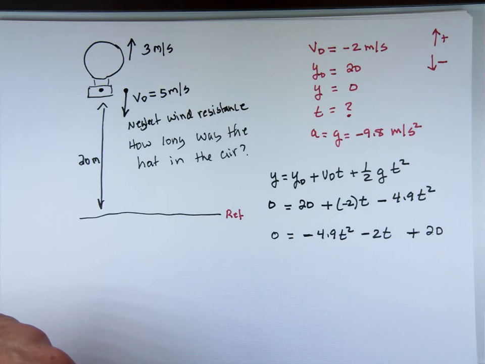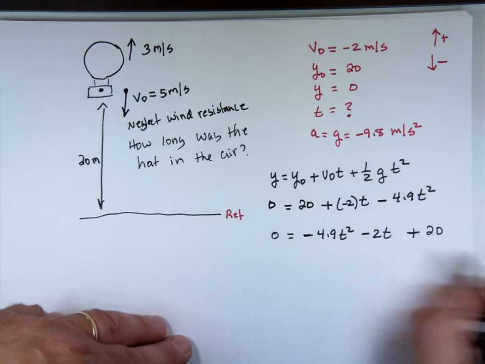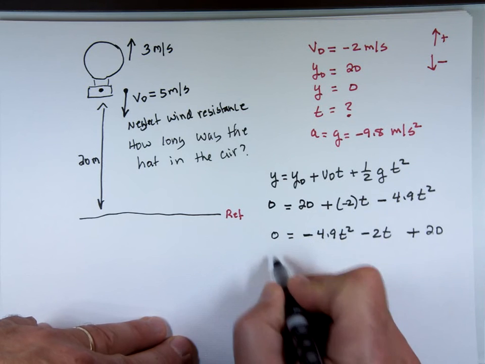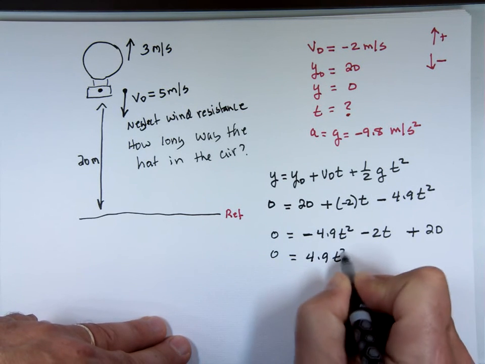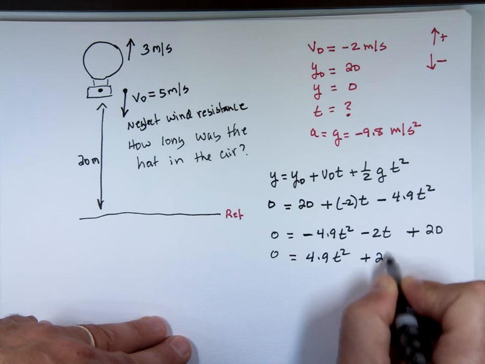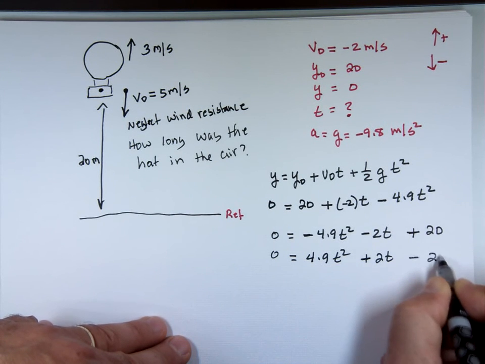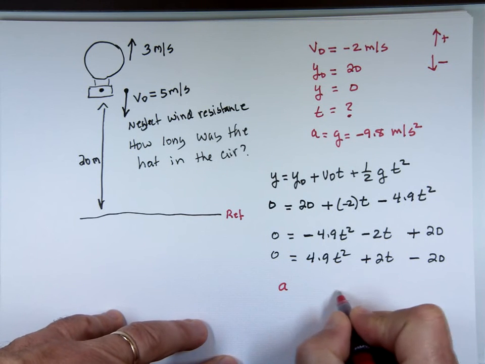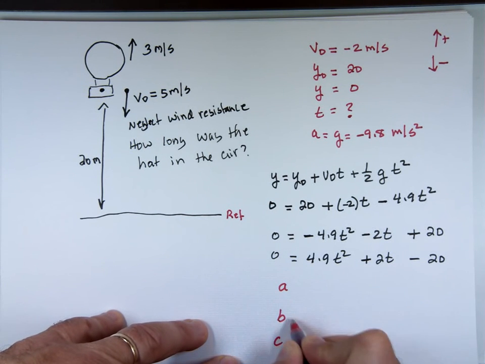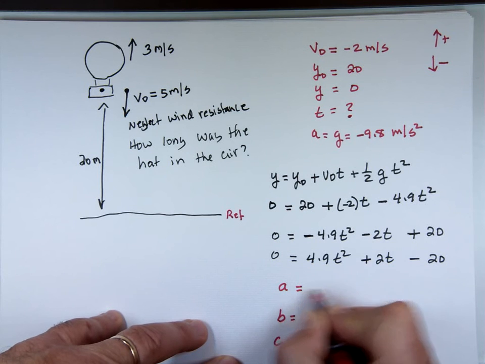I can multiply everything by negative 1. I don't like the negative here. 4.9 t squared plus 2t minus 20. What kind of equation do we have? Isn't that a quadratic equation? You can solve a quadratic equation if you know your a, b, and c. A is 4.9, the coefficient of t squared.